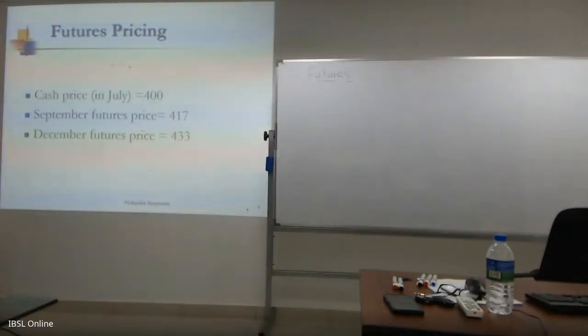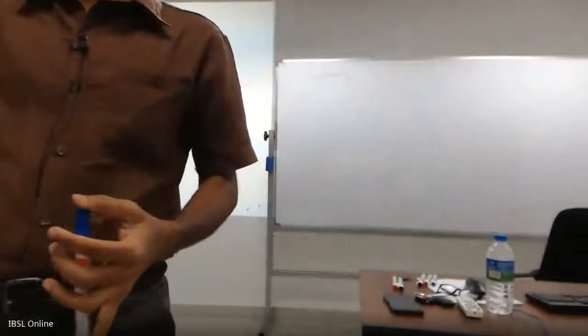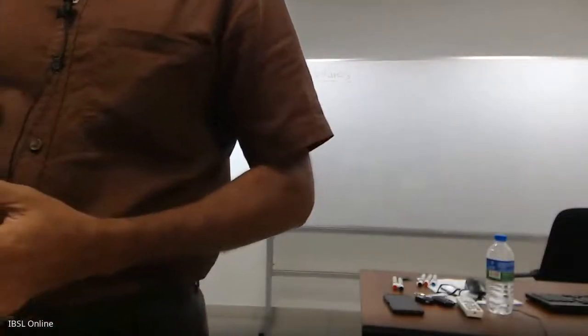Cash price means you have to buy in the outright market, the cash market. That's the price. But September futures price 470, December futures price 433. With time, price increases.